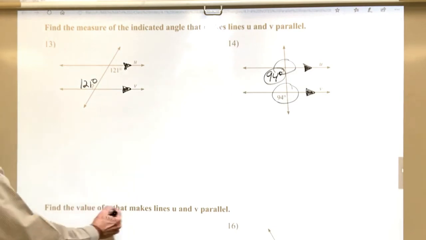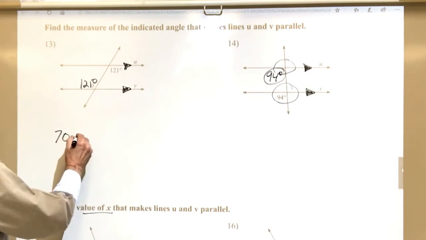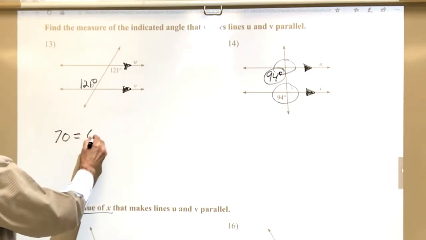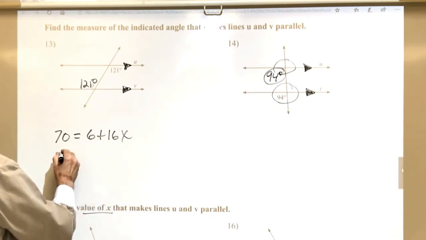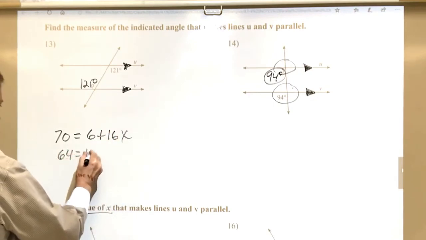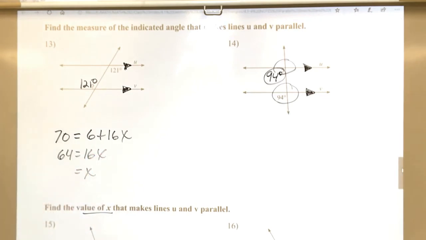So in this case, we're going to find the value of x that will make this one 70. So we're going to say 70 degrees, set it equal to 6 plus 16x, subtract 6 from both sides, and divide by 16.